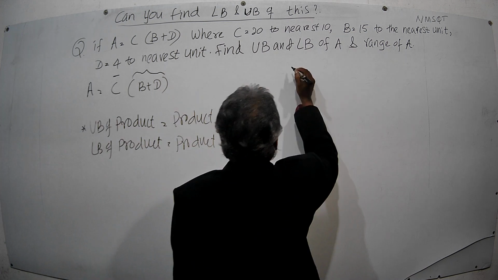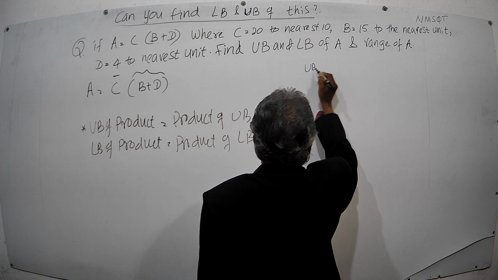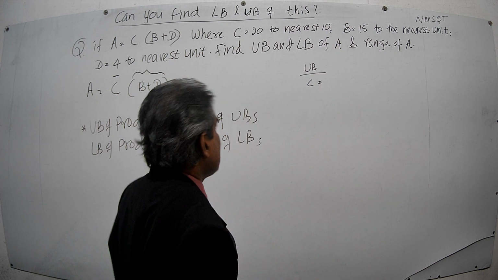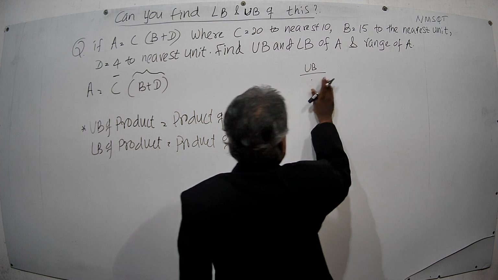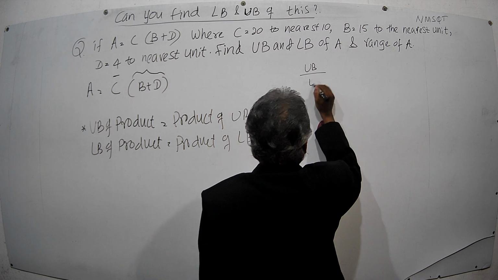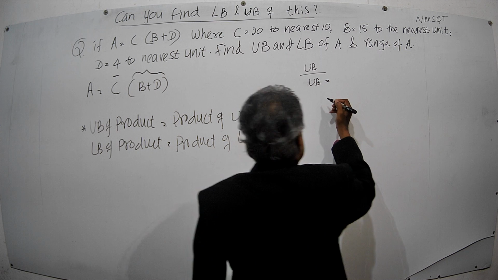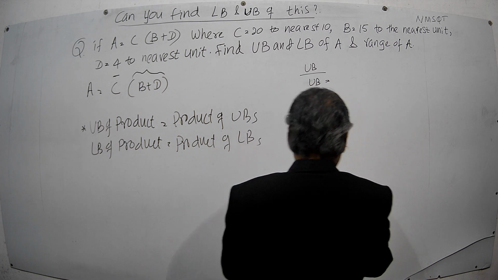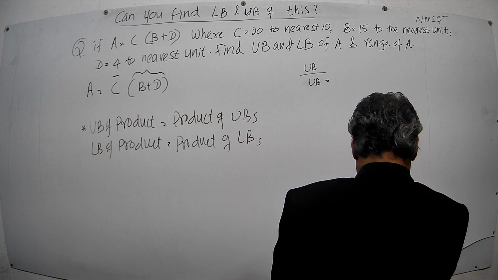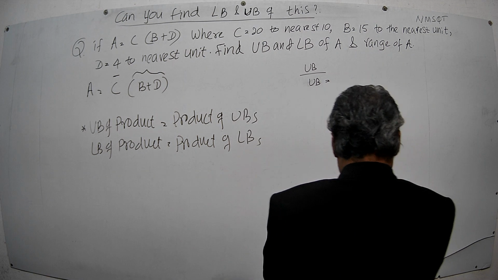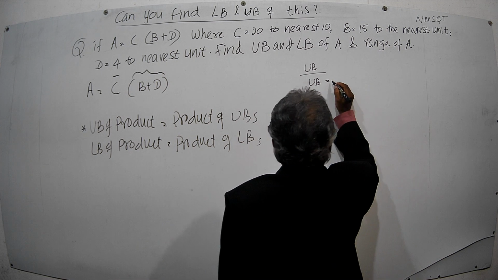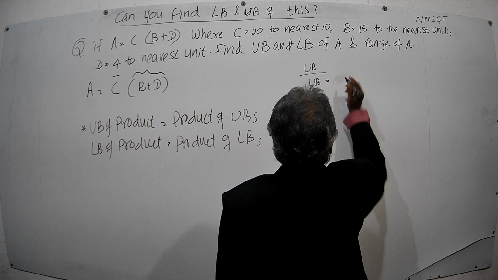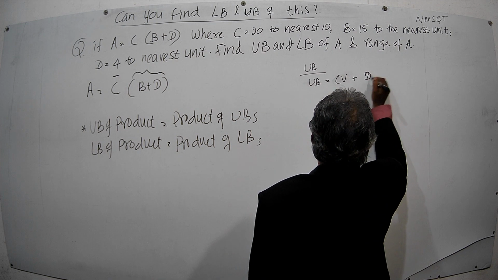Now write upper bounds. What is the upper bound of C? Upper bound of a single corrected value equals corrected value plus degree of accuracy over 2.